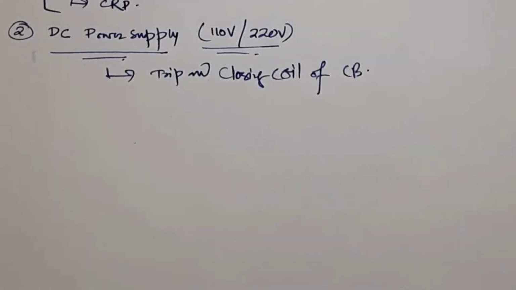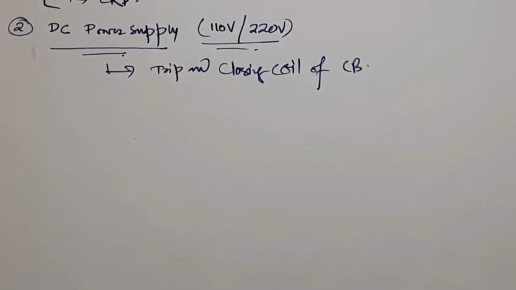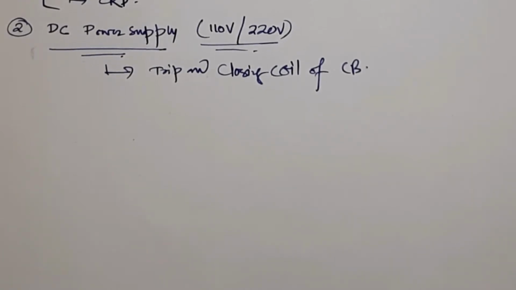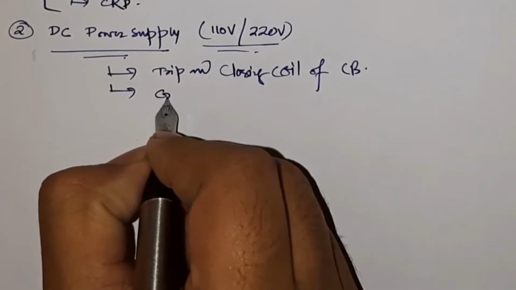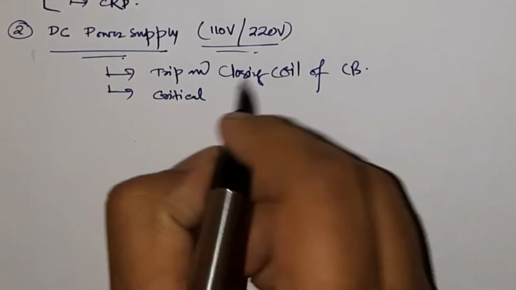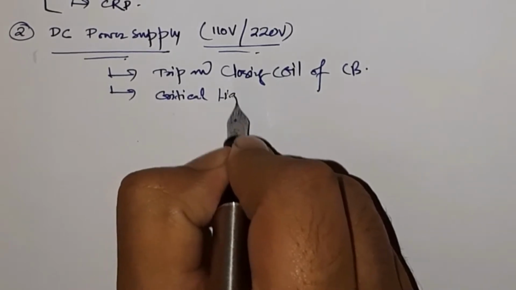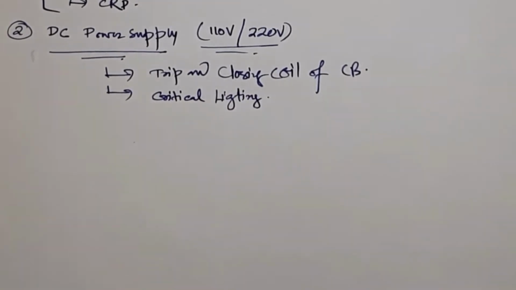The circuit breaker tripping and closing circuits are generally energized by DC supply. So to facilitate the circuit breaker operation, you need to give a DC supply to the circuit breaker. Apart from that, some critical lighting may be given from DC supply, although its application is very low.